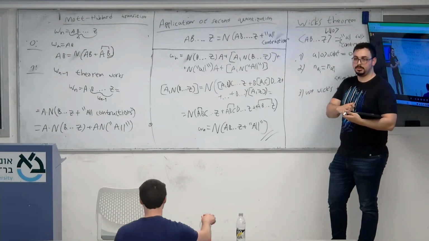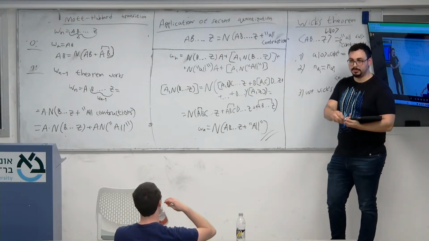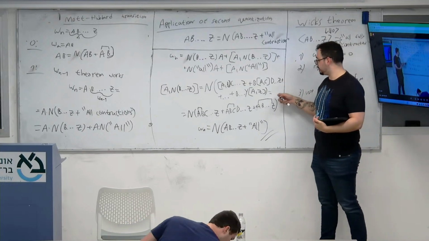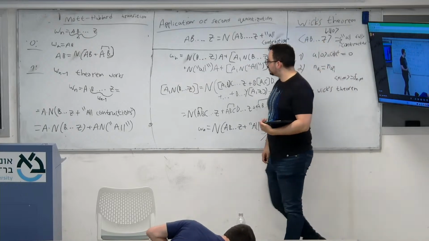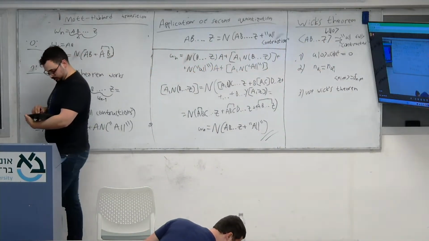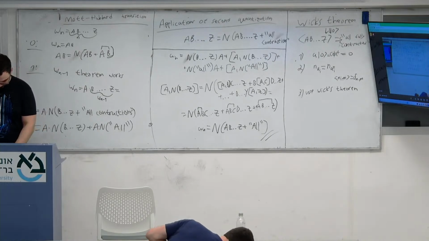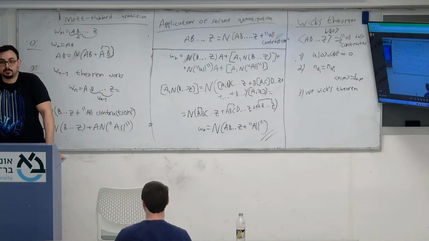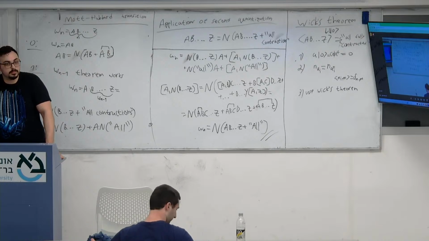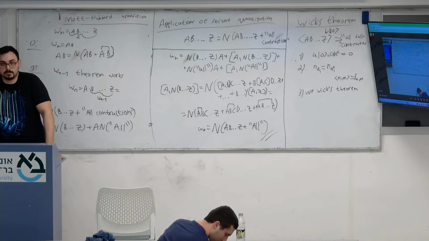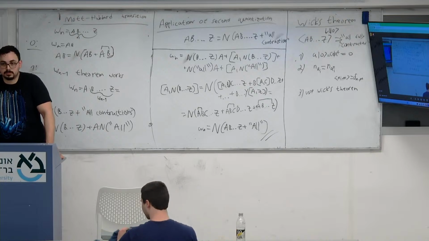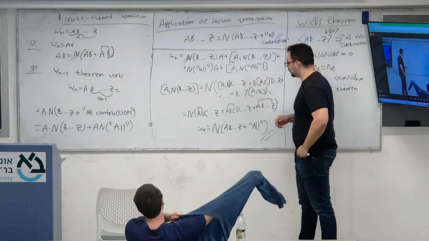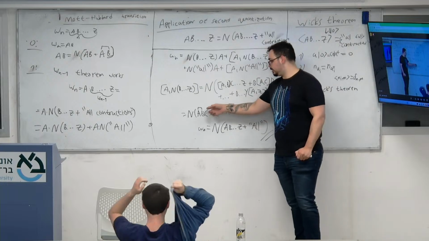Any questions? The last step was a little bit of a jump. Can you remind how the commutator is related to the contraction?